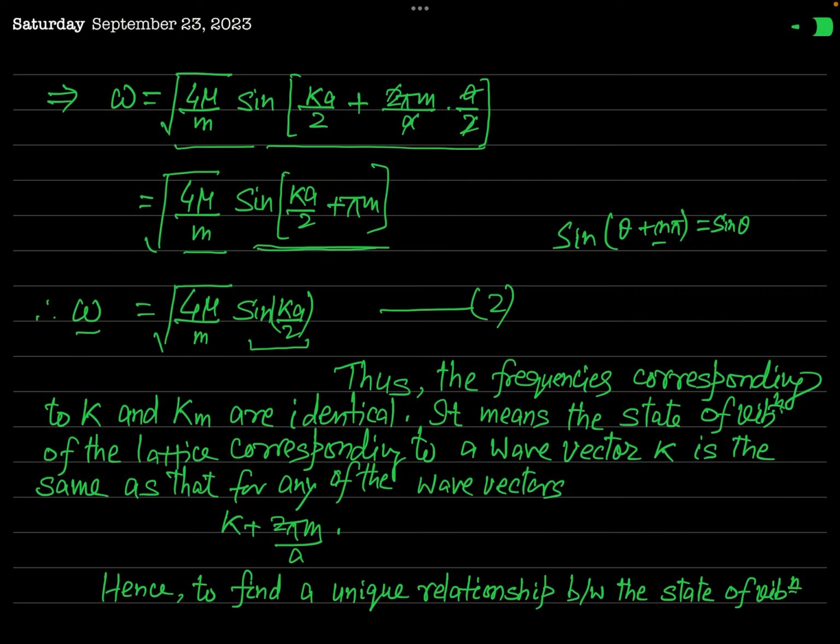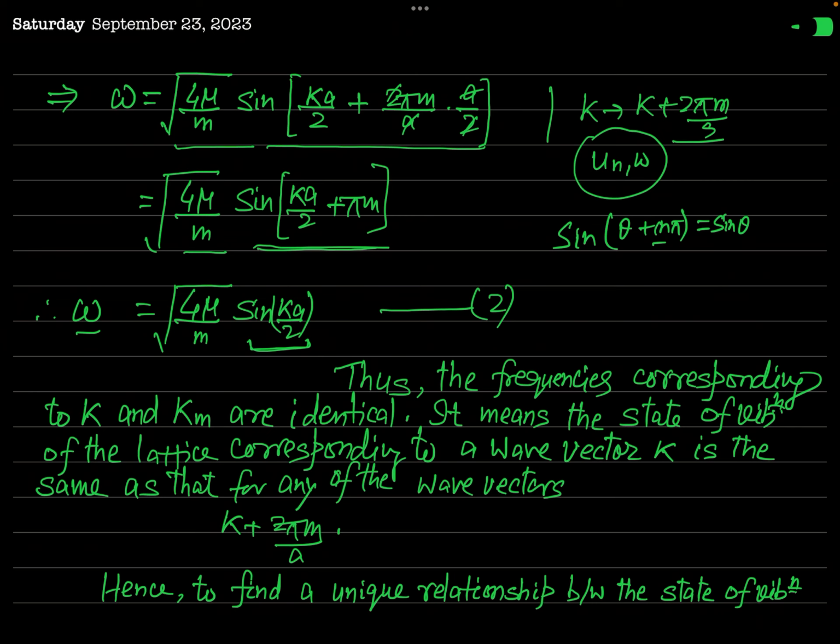So omega is finally square root of 4 mu by m times sine ka by 2. And you can see this result is the same as we obtained earlier. So what have you found here? You have seen that when k is replaced by k plus 2 pi m over a, then un and omega do not change. At this value of k, un becomes the same and omega becomes the same.